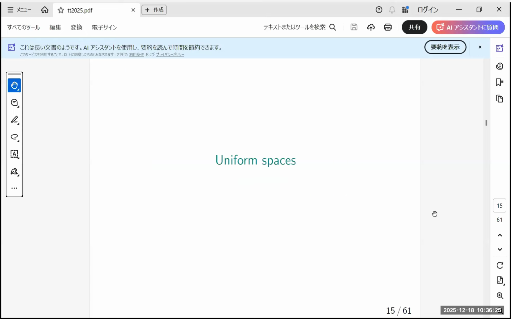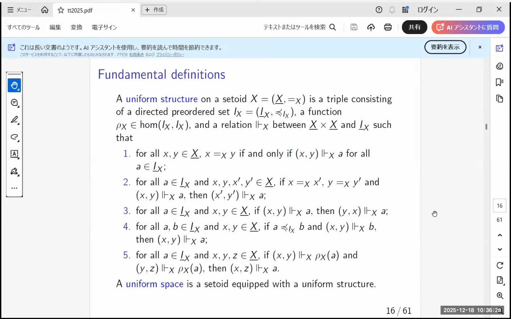And we are going to introduce uniform spaces. First, we are going to introduce a uniform structure on a setoid, which is a triple consisting of a directed preordered set Ix, which corresponds to entourages, and a monotone function rho x, and a forcing relation between the square of X and Ix.